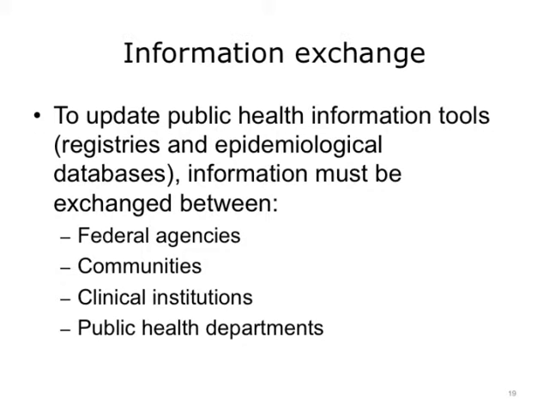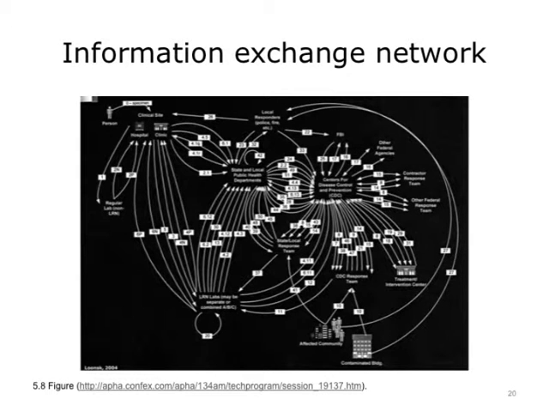All of these institutions are required to maintain this flow of information so that we can study and maintain the population's health. This slide shows a much more complex relationship between clinical sites, state, local, federal, public health departments, CDC, communities, state and local response teams, as well as treatment intervention centers.